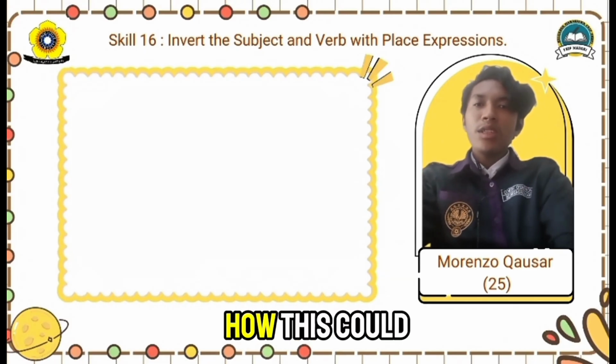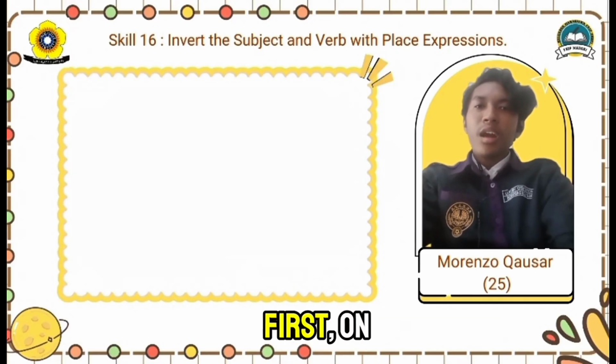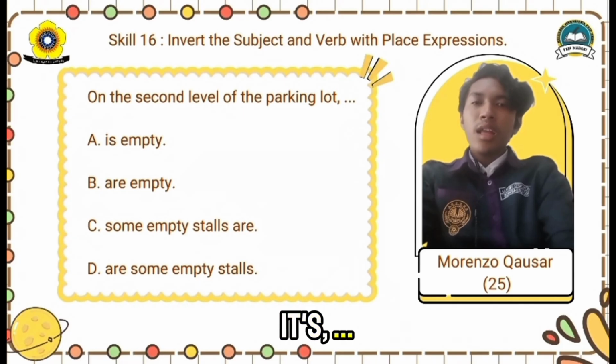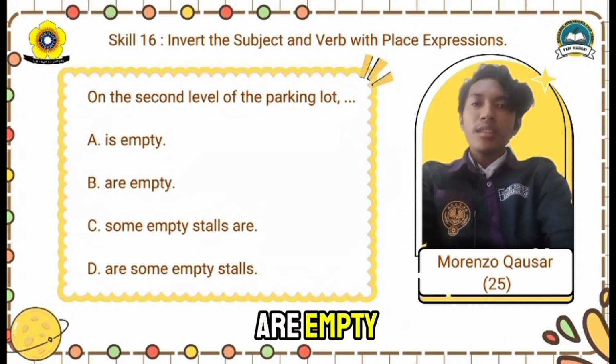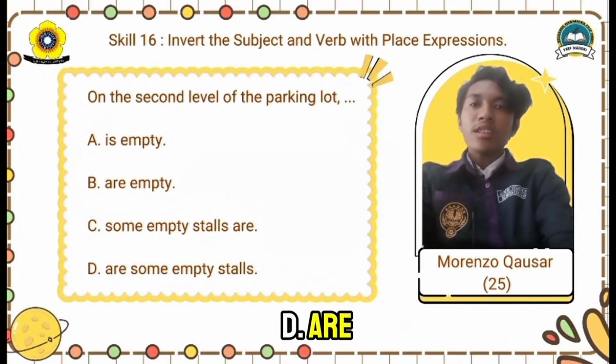Now, let's see how this could appear in the TOEFL test. First, on the second level of the parking lot, comma, ... Choice A, is empty. Choice B, are empty. Choice C, some empty stalls are. And choice D, are some empty stalls.